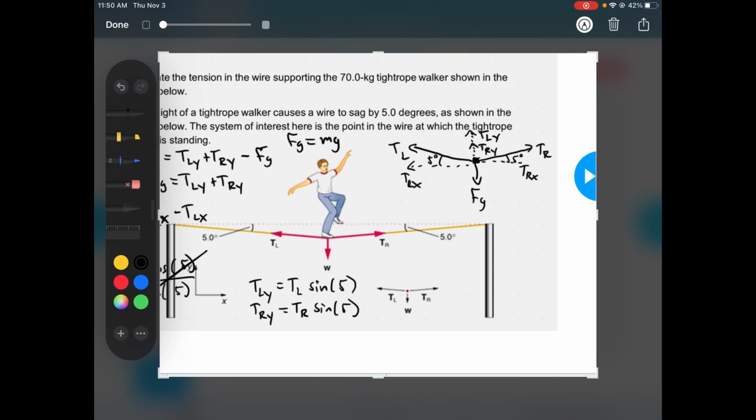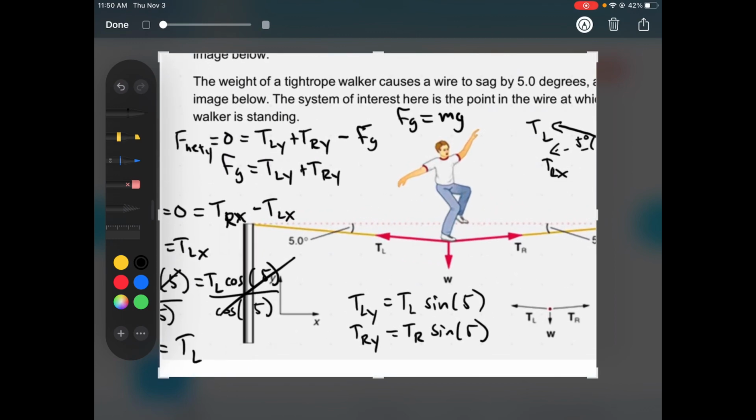But we know that TL and TR are the same, so TRY and TLY are going to be equal to each other as well. So in our original, FG is equal to 2 times, and it doesn't matter which one we plug in, TLY is just fine.